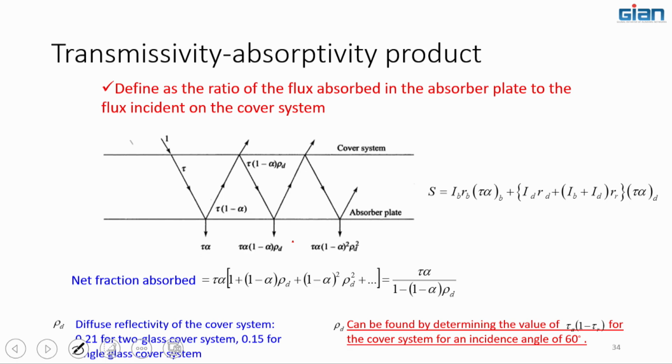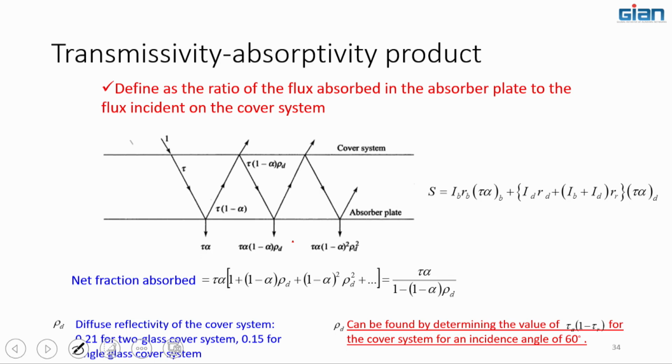So for diffuse as well as beam radiation or direct radiation, this is very important information, and also you must remember what S is now. We have done tau alpha for beam and tau alpha for diffuse radiation, then we can find out S, because already we have calculated the IB and ID by using those instruments.